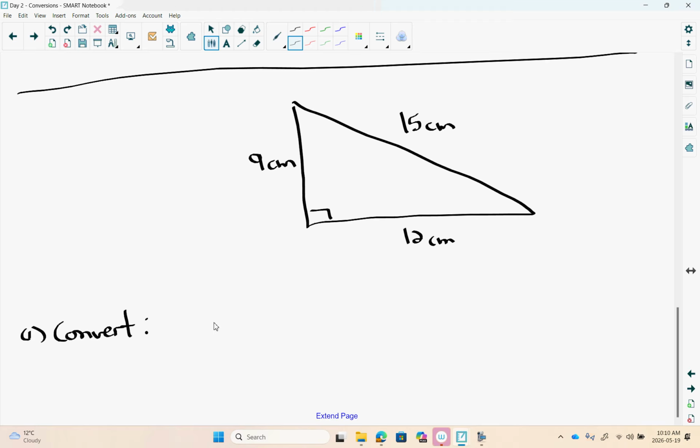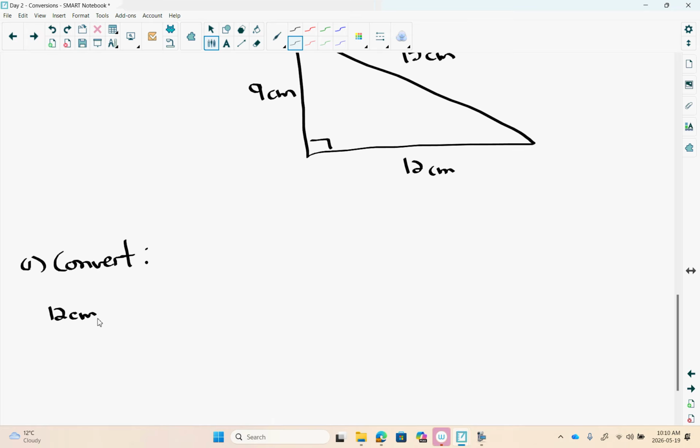12 centimeters. And I want to convert it to inches. I want inches, I have centimeters. Remember, 1 inch is 2.54 centimeters. Centimeters are going to go away.